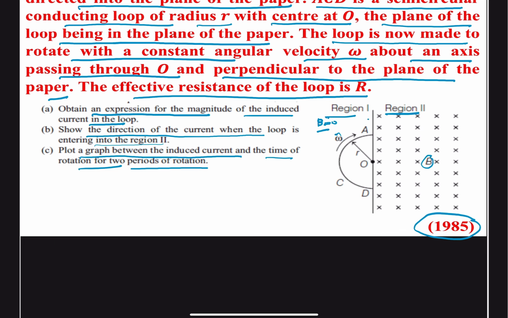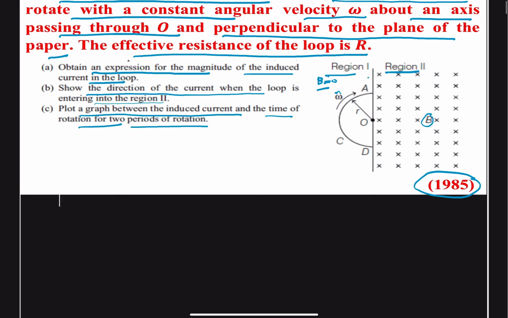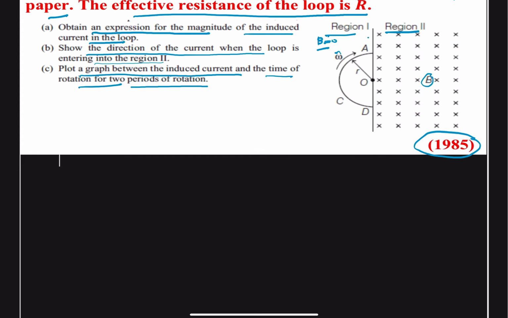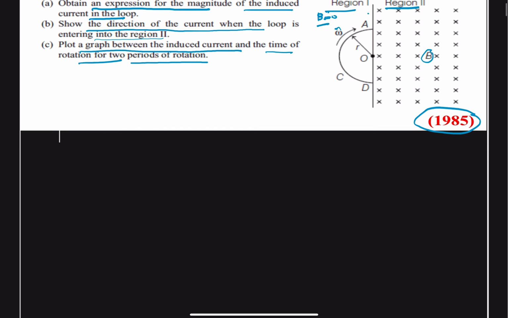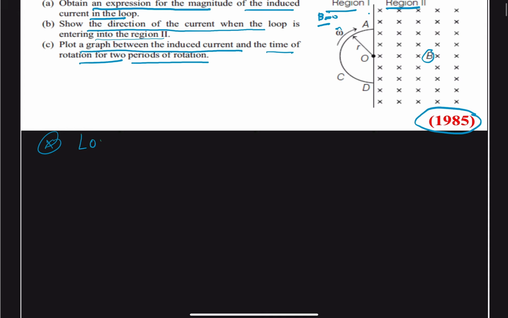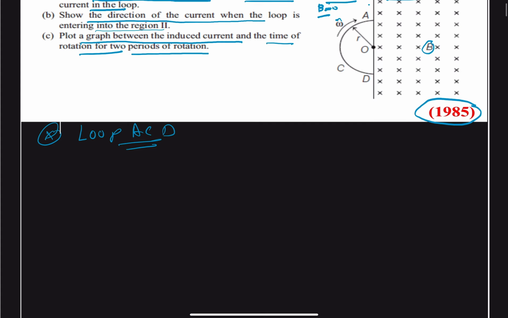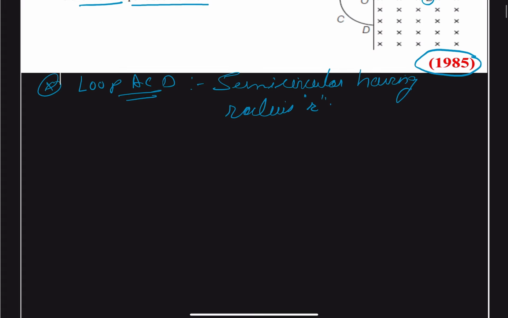So first of all, we are given that we have a loop ACD, which is a semicircle having radius small r. And there are two regions.